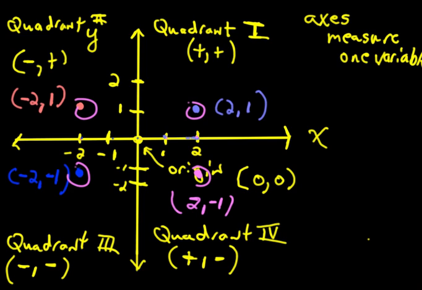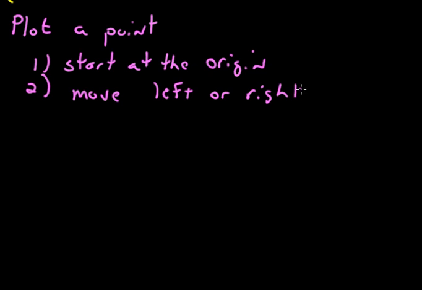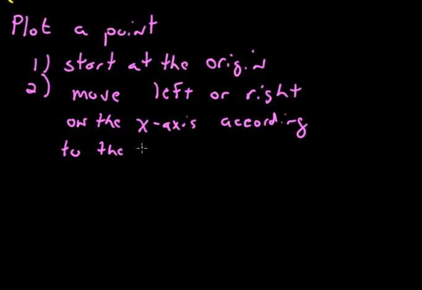So to plot points, what you want to do, to plot a point, is start on the origin, move left or right on the x-axis according to the value of the x-coordinate.